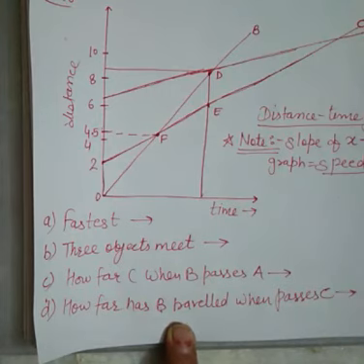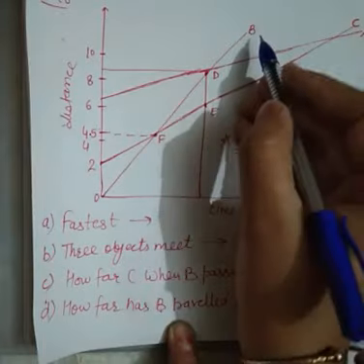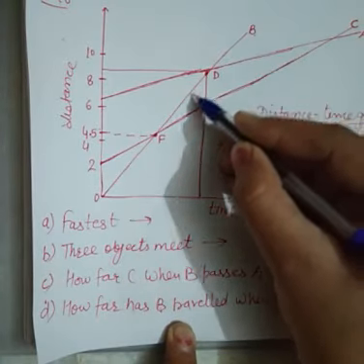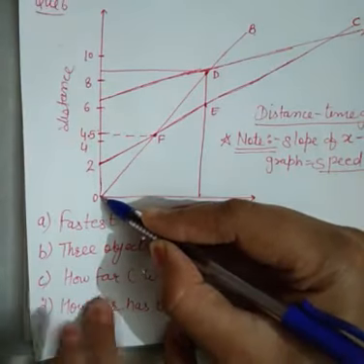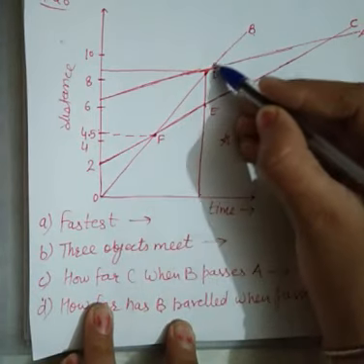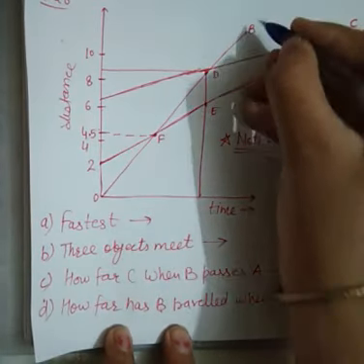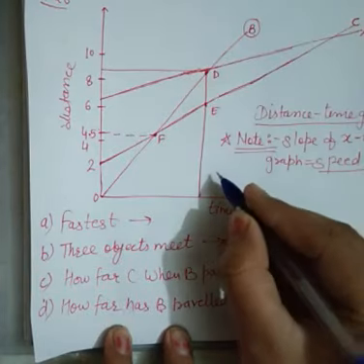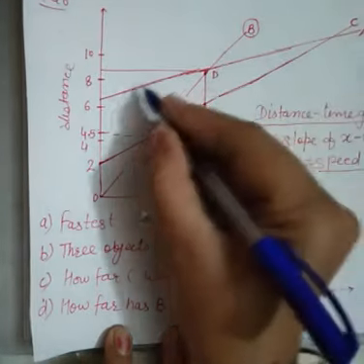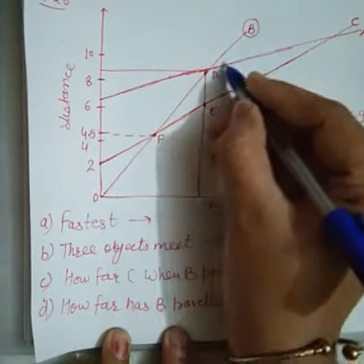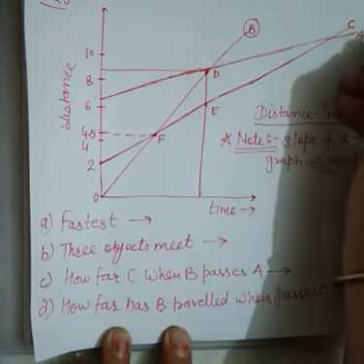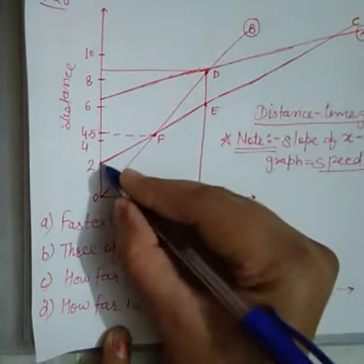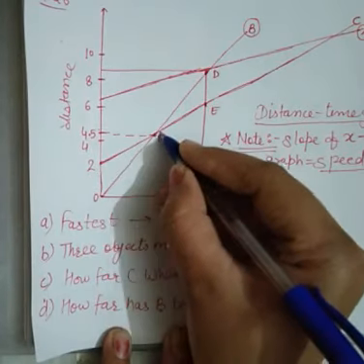In part A, the question being asked is, out of 3, which is traveling the fastest? So which 3 are given to us? There is B marked. B means this graph. This graph is starting from O and this is the distance time graph for a person named B. Another one is A. A is starting from this position and this one is the graph for A. And this one is the graph starting from 2.